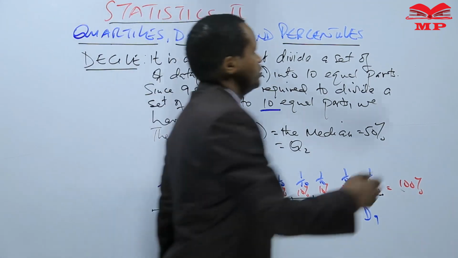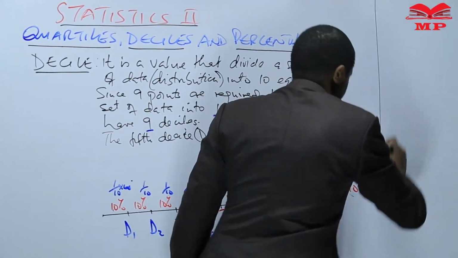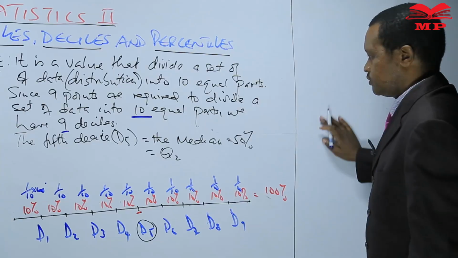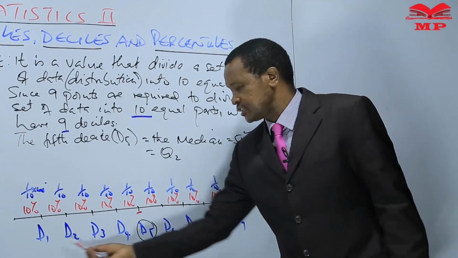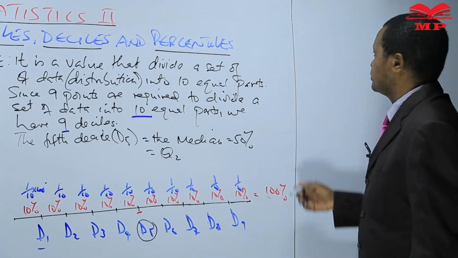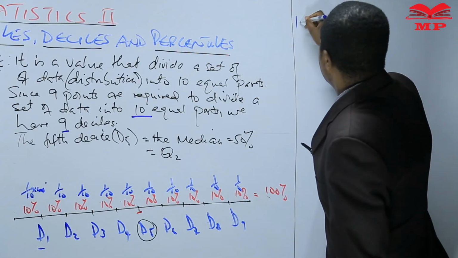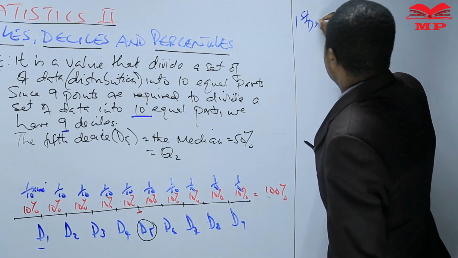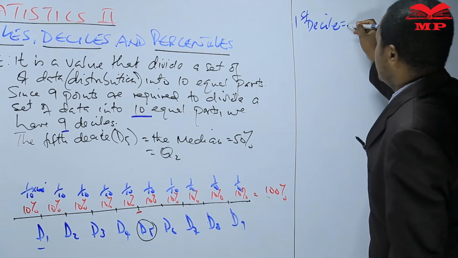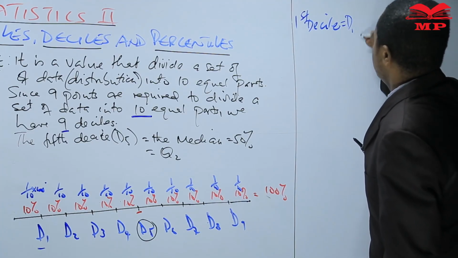What's the formula for calculating the decile? The formula, learners, can be for any decile. Let's do the first decile, for example, which we denote as D1.